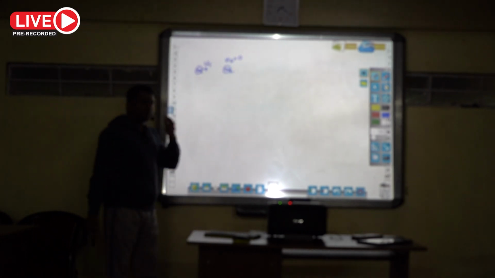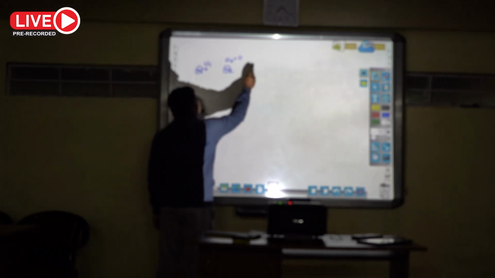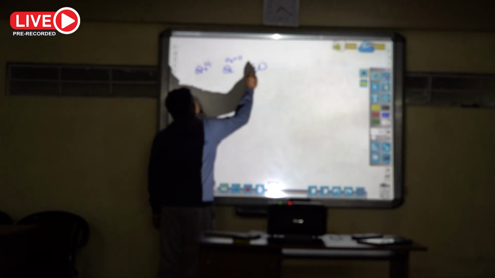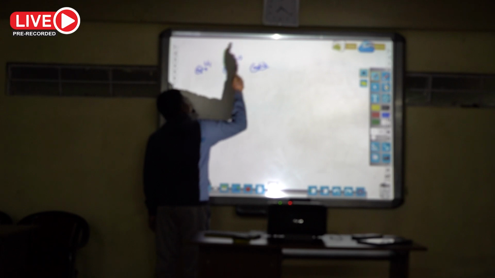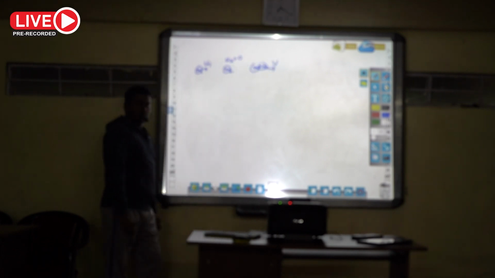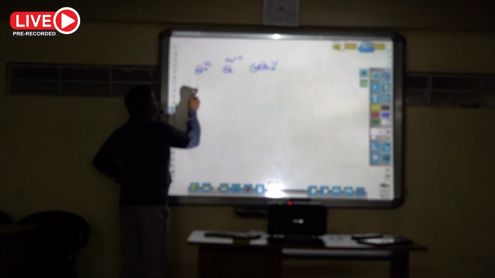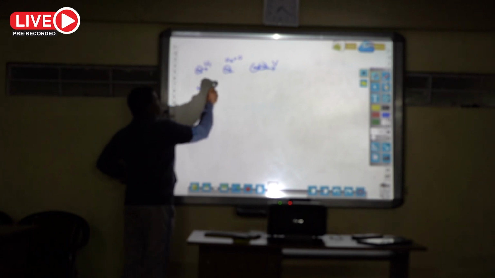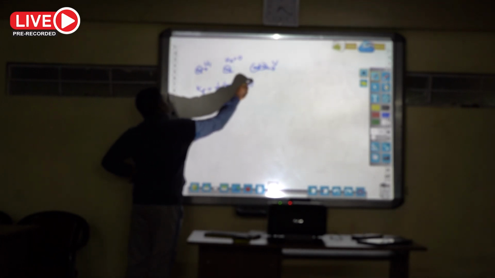If we consider perfectly inelastic collision, then what happens? After collision, both the masses combine together, forming a total mass m1 plus m2, and this combined mass moves with a velocity v. Then final kinetic energy Kf will be half (m1 plus m2) v square.